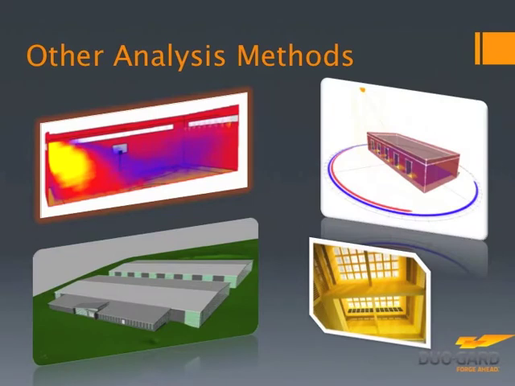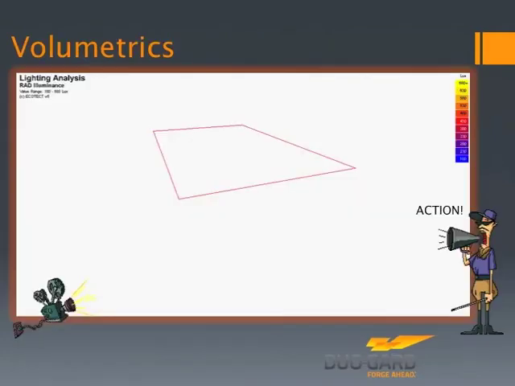So along with basic Radiance and daylight autonomy, other analysis methods that we use to look at the space are volumetrics. Now, volumetrics is a way to fill this entire space with grid sensors.